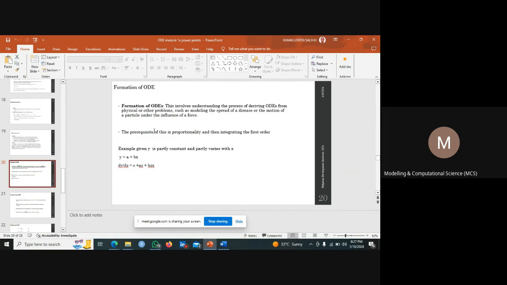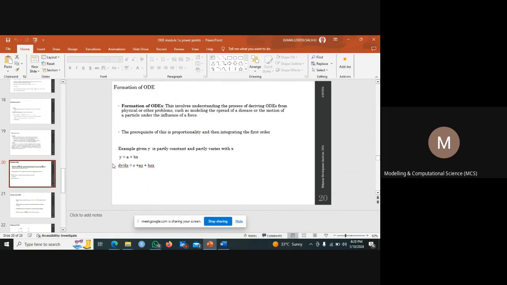The prerequisite, what you need to understand before you know how to formulate ordinary differential equations, is proportionality. From your variation in secondary school, you will know what proportionality is all about, right? Inversely proportional, directly proportional, and so on, and how to integrate first order differential equations.